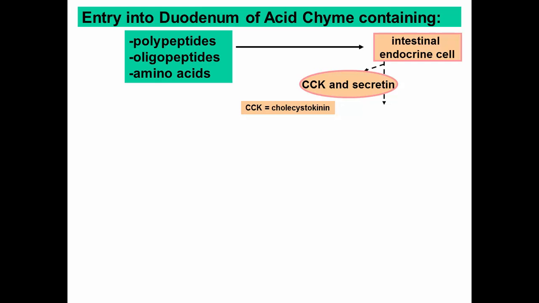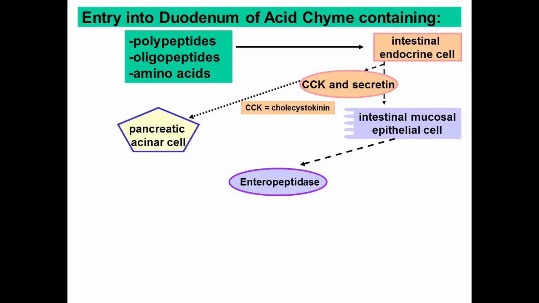I've just written out cholecystokinin in case you've forgotten what CCK stands for. And then CCK and secretin have a dual action. They act on the pancreas over here, and they're also acting on intestinal mucosal epithelial cells, which release enteropeptidase, a really critical enzyme.